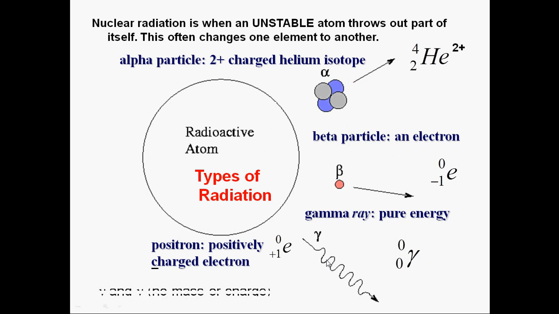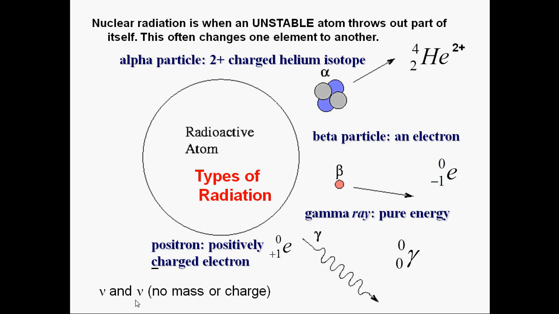Some other stuff that can be spit out, oh dear, this little line here needs to be over this guy. These funny little V things represent neutrinos, and if there's a line over the top of it, antineutrinos. Those are just some other particles that have no mass, no charge, they just carry some energy with them. And it's not really entirely clear yet what neutrinos and antineutrinos do.